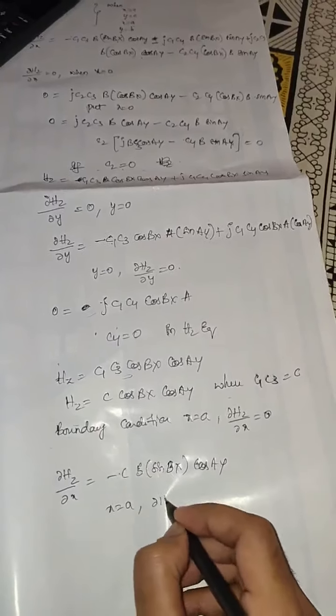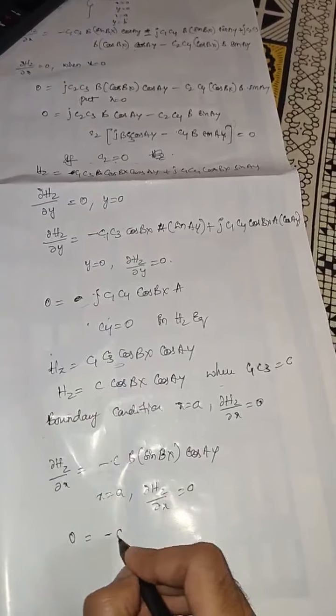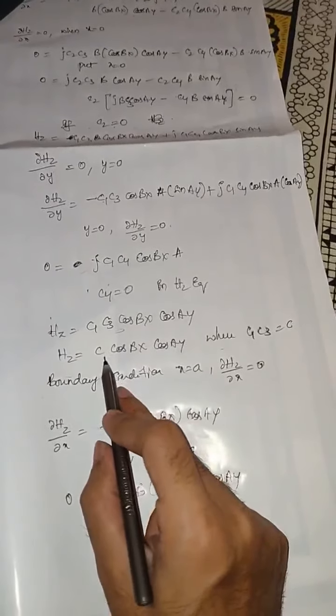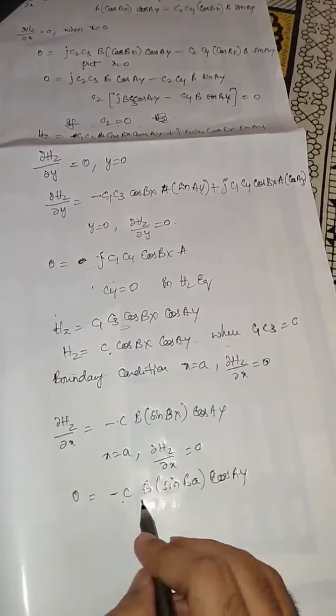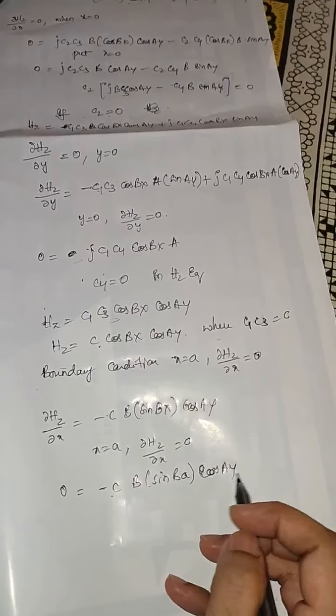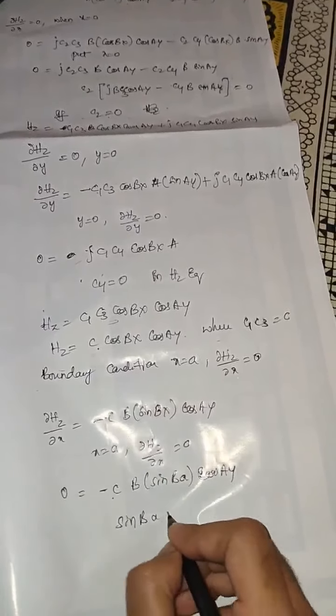If I substitute x equal to a, then ∂Hz/∂x is equal to 0, so 0 is equal to C b sin(ba) cos(ay). C cannot be equal to 0, otherwise Hz becomes 0. And cos(ay) is a variable term, so it cannot be 0.